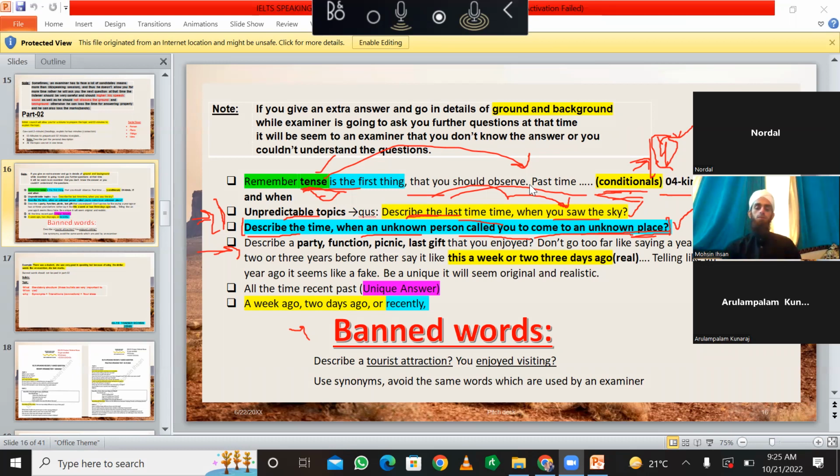When I reached that supermarket, he was there with two or three friends. Then I suddenly saw that the other people with that person were my friends. I suddenly asked, why are you calling and why are you doing like that? Then they said it's a surprise gift for you.